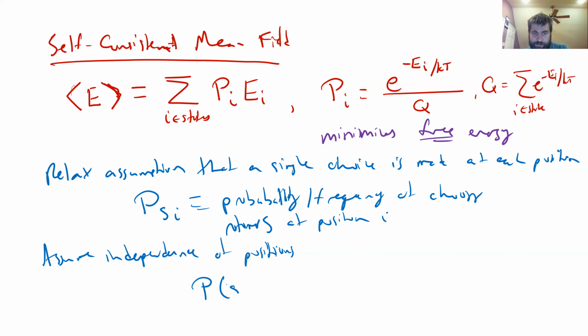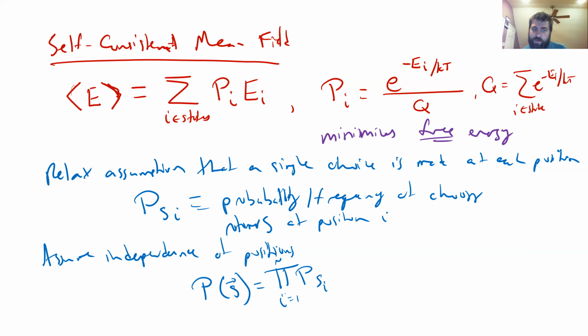And this gives us the probability of some particular state is simply the product over all the possible states, the probability of each choice at a particular state.